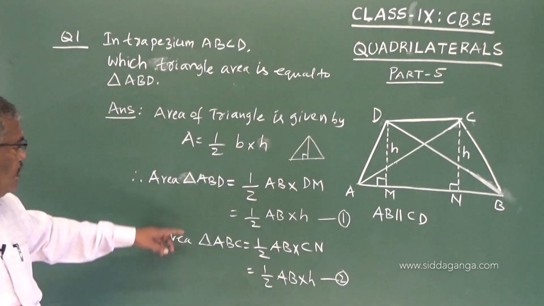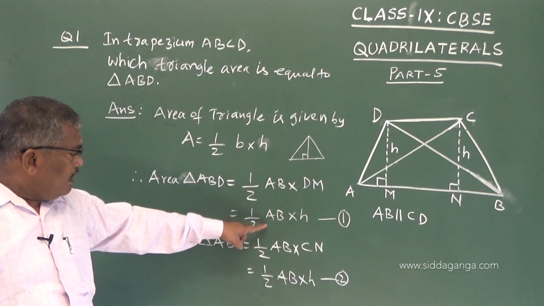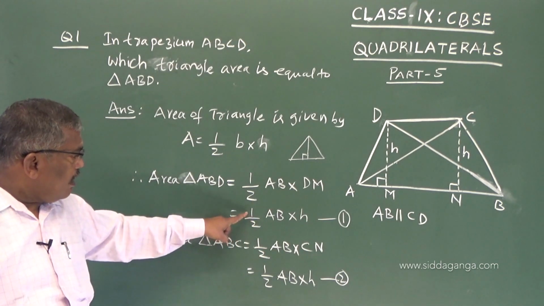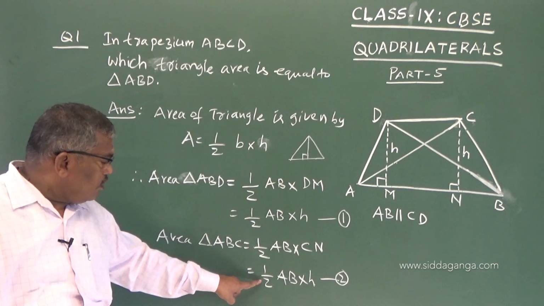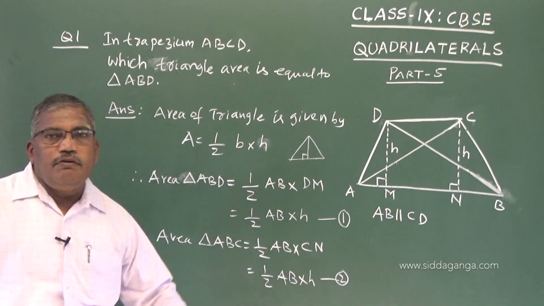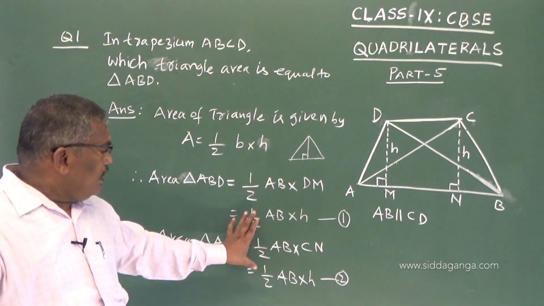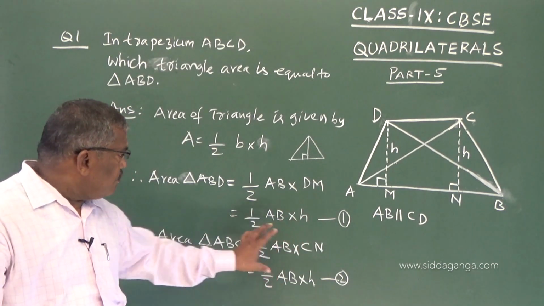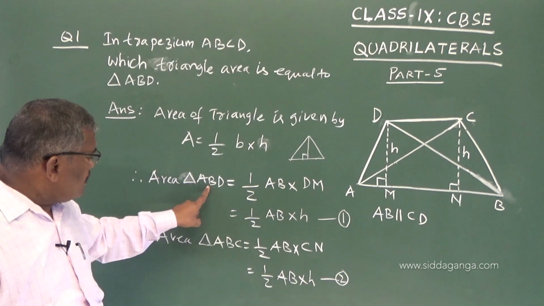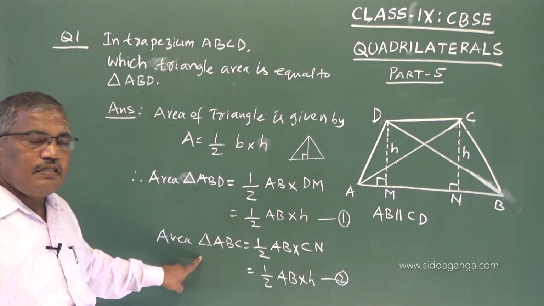Now, you can observe equation 1 and equation 2. This is half AB into H. This is also half AB into H. So that means the right sides of these two equations are the same. Therefore, the area of this triangle is equal to the area of this triangle.